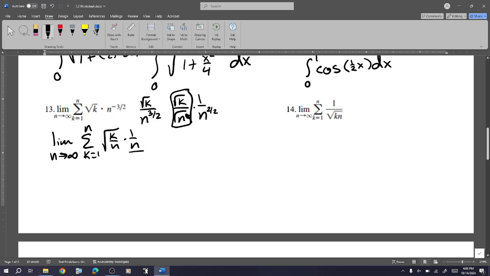Well, now we're cutting 1 into n pieces, so 0 to 1, and each of those, if we cut 1 into n pieces, you'd have 1 times 1 over n, 2 times 1 over n, 3 times 1 over n. But that's just k over n. So you're plugging k over n in for x each time. So this is the integral of square root of x dx.